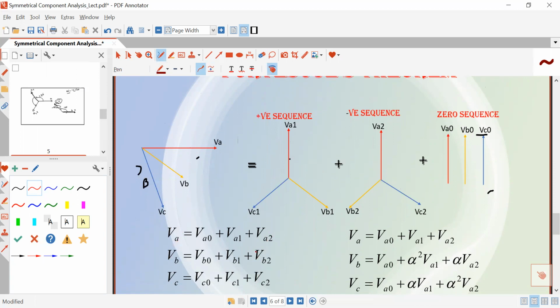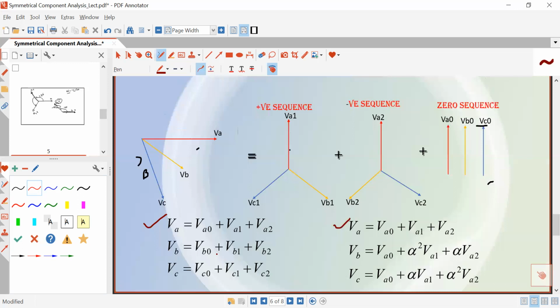You want to write the unbalanced phasors in terms of the sequence components of phase A. VA is already in terms of A. Now you want to write VB in terms of the sequence components of phase A.